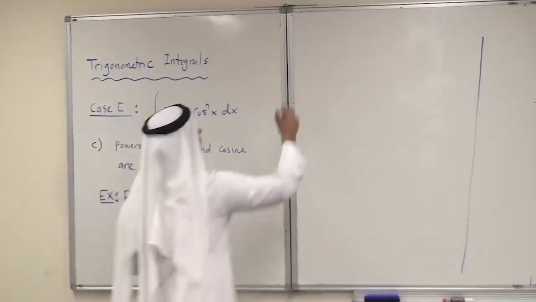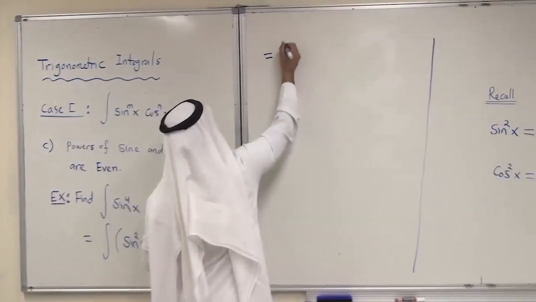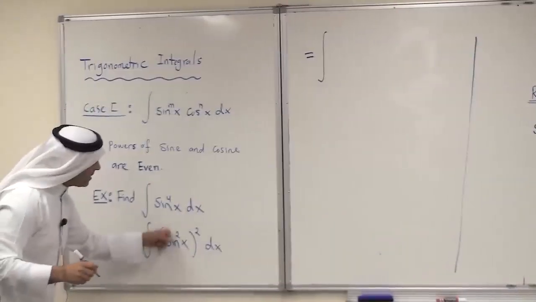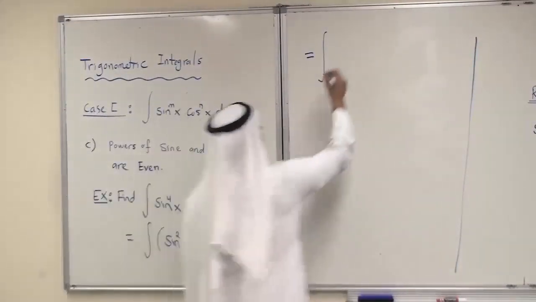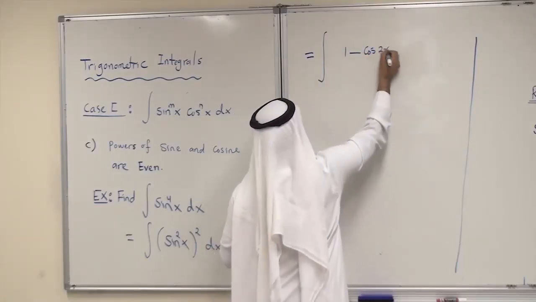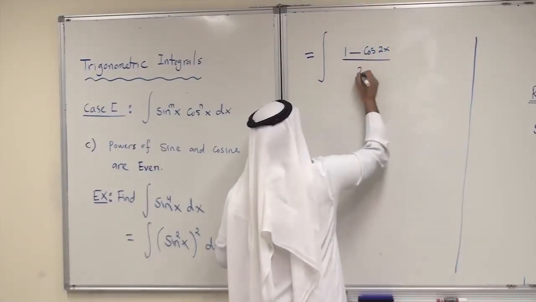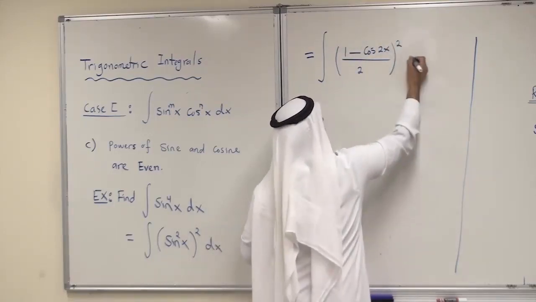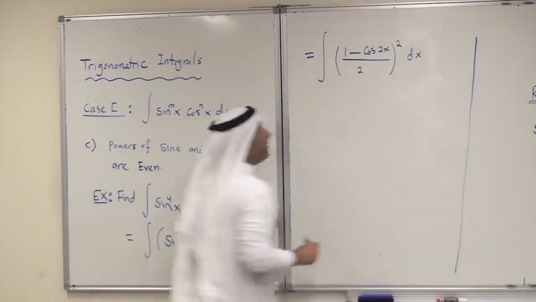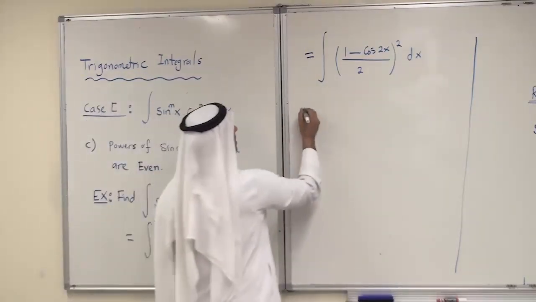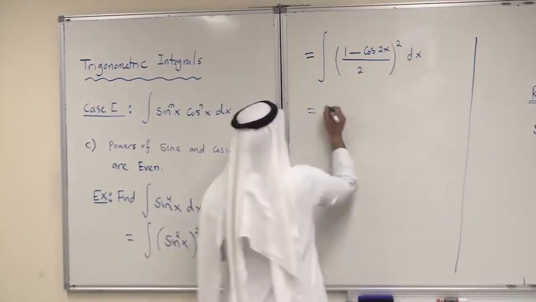So what do we get here if we simplify by substituting for the half angle identity? I have here sine squared, that is 1 minus cosine of 2x divided by 2, all of this squared dx. Okay, fine. What is next? Look here. I have 2 squared, that is 1 over 4.